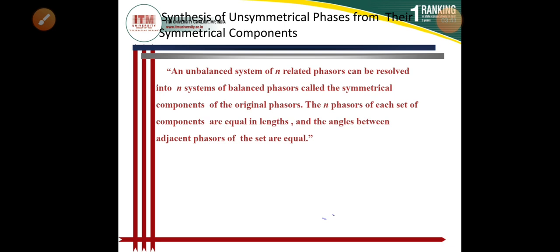If the currents and voltages are related by constant impedances, the system is said to be linear, and the principle of superposition is applied. The voltage response of the linear system to the unbalanced currents can be determined by considering the separate responses of the individual elements to the symmetrical components of the current.